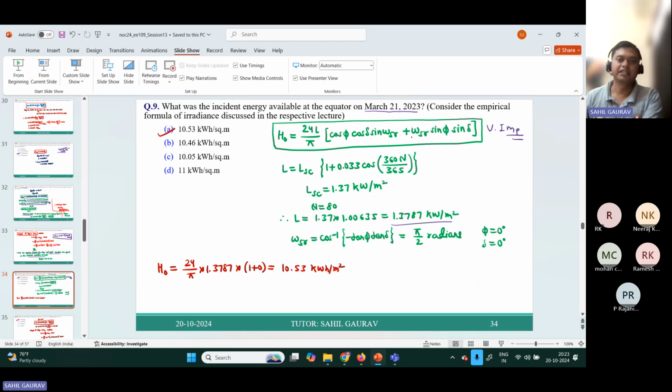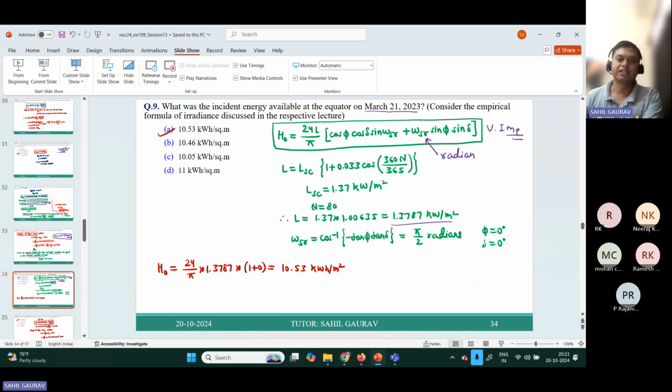Now think here, will this omega SR be in degrees or radians? Omega SR will be in radians, because you cannot multiply some value with degrees directly.